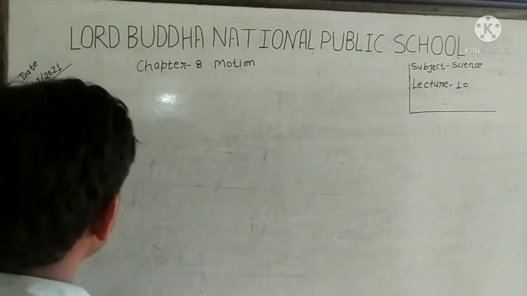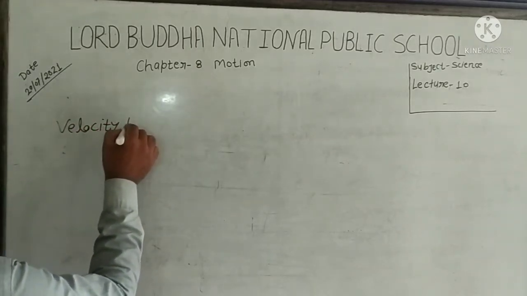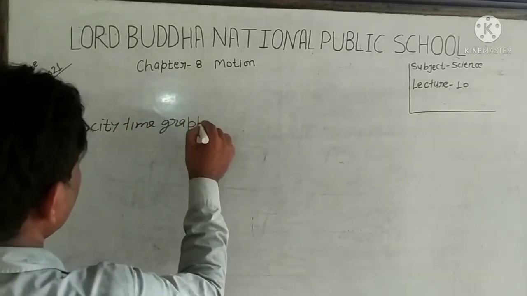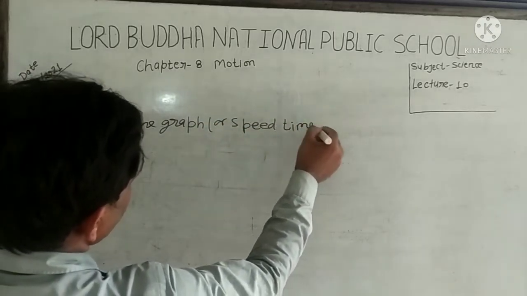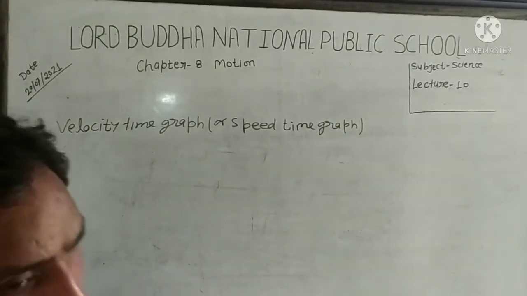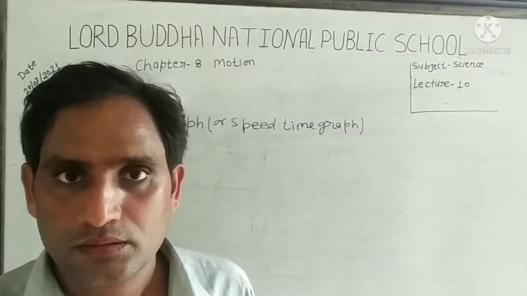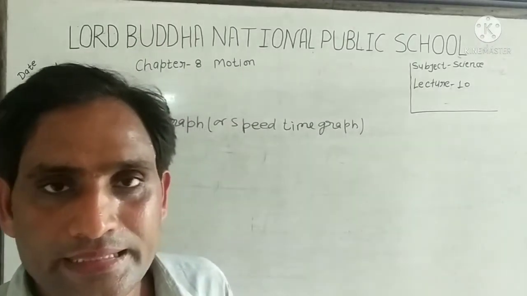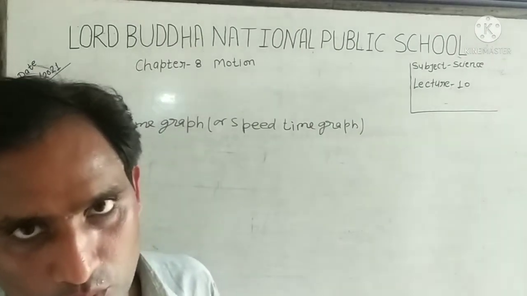Now we will discuss the velocity time graph, or speed time graph. As we know, when an object moves along a straight line, the distance and displacement become equal. In that condition, the magnitude of velocity and speed will also be equal.